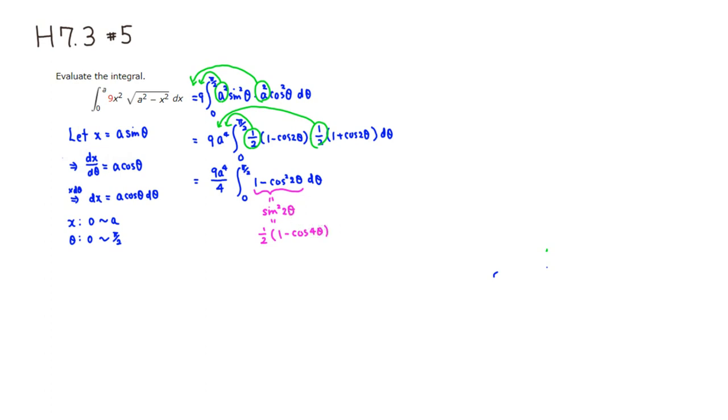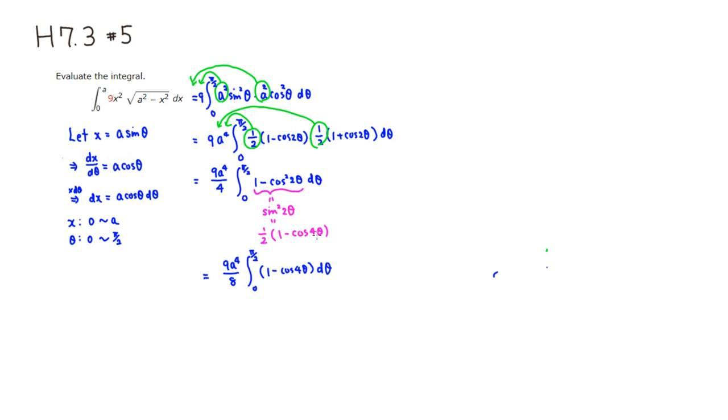So I'm going to pull 1/2 outside. So you have 9a to the 4th over 8, and the integral is still going from 0 to pi over 2, of 1 minus cosine of 4 theta d theta.